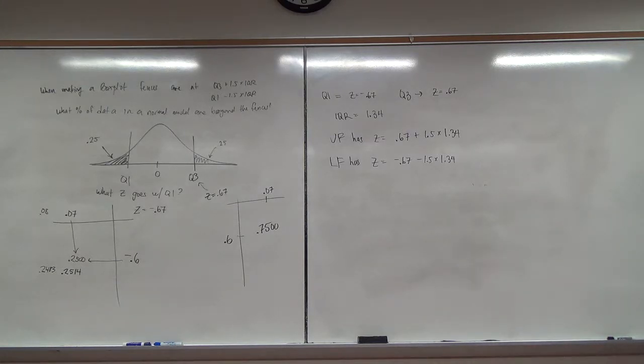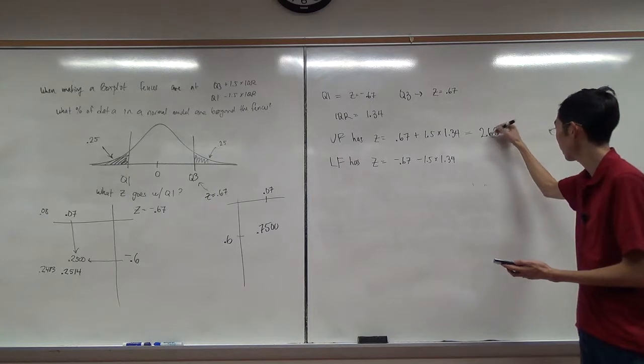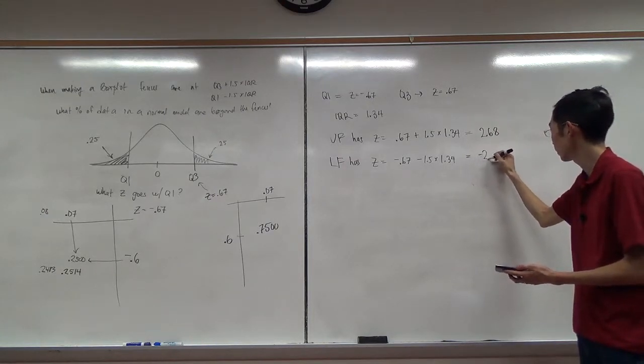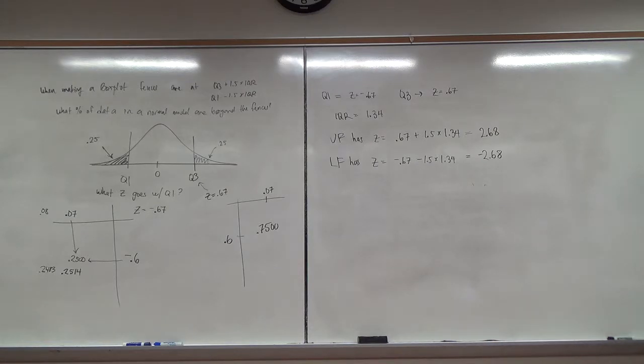Let me grab my calculator. Okay, so this gives me z-scores of 2.68 and negative 2.68. Are we still okay?